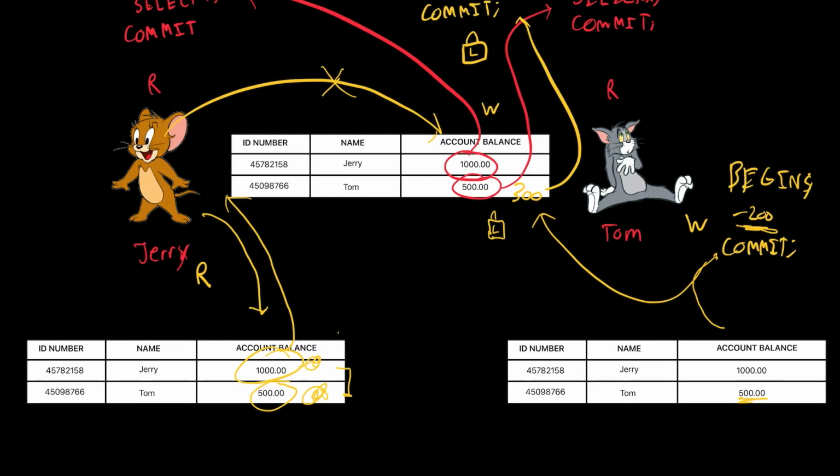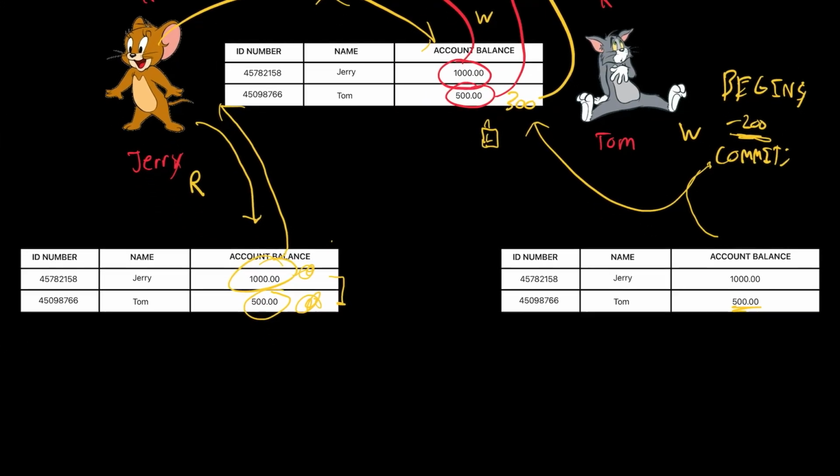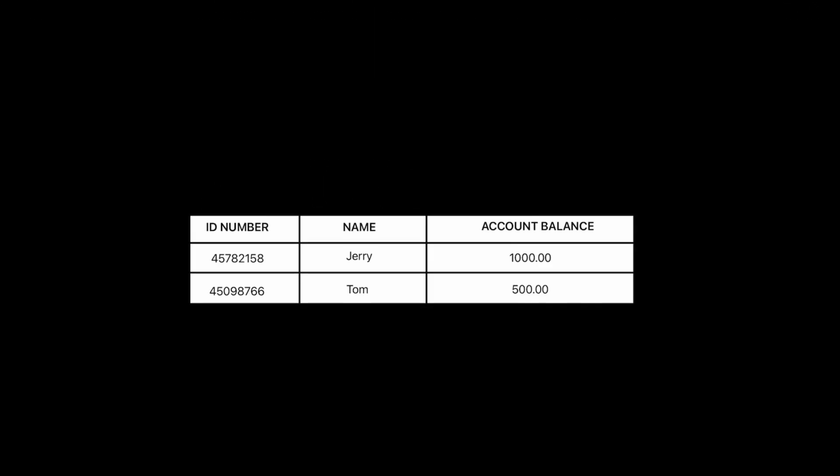That's where multi-version concurrency control actually comes into play. So this is what the table looked like originally. So now let's say that after Tom's write operation, where he subtracts $200, this is what would actually happen to our table when we modify it. So we would add a new row, actually.